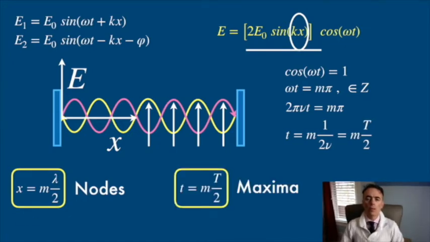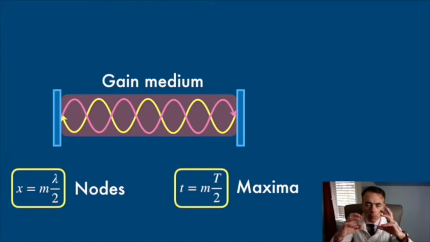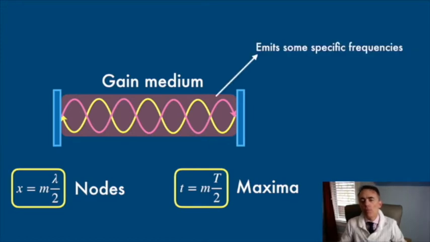Let's talk a little bit about lasers, because this description is very relevant for them. In a laser, you have a small resonant cavity made of two mirrors facing each other, and a gain medium between the mirrors. The gain medium is the one that is going to use the standing wave to stimulate the emission of light. But the gain medium will only be able to emit some very specific frequencies.